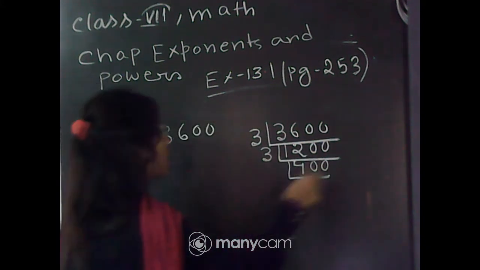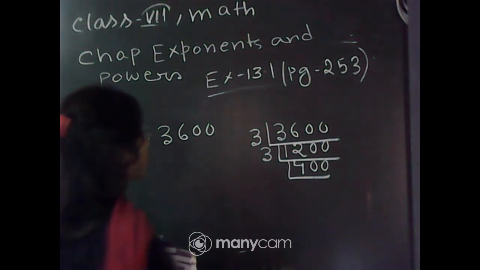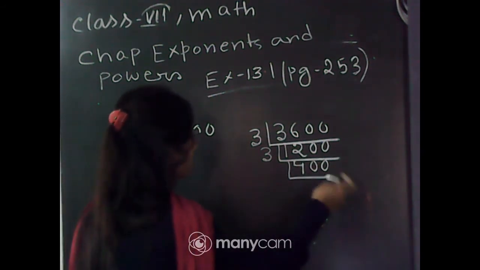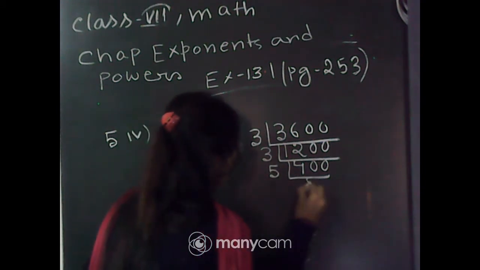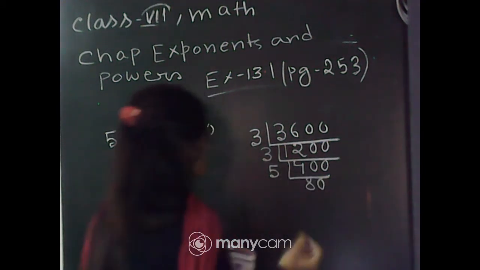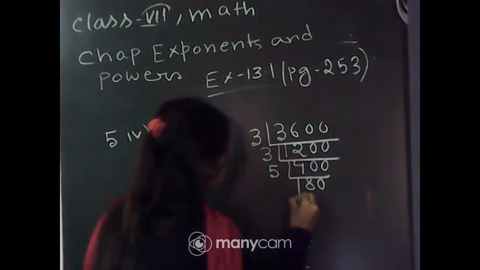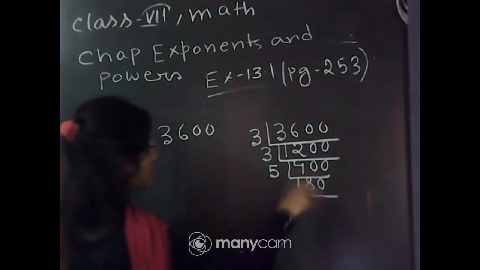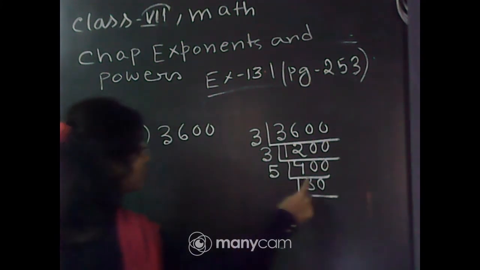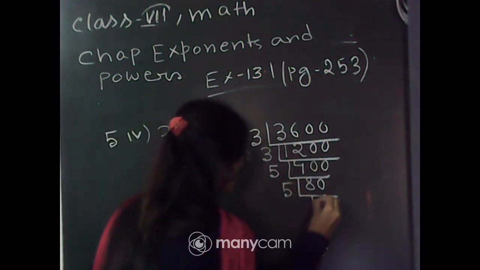Now 400 is not divisible by 3. So we divide 400 by the prime number 5 and we get 80, isn't it? Again we see that 80 is divisible by 5, so we divide 80 by 5 and we get 16.